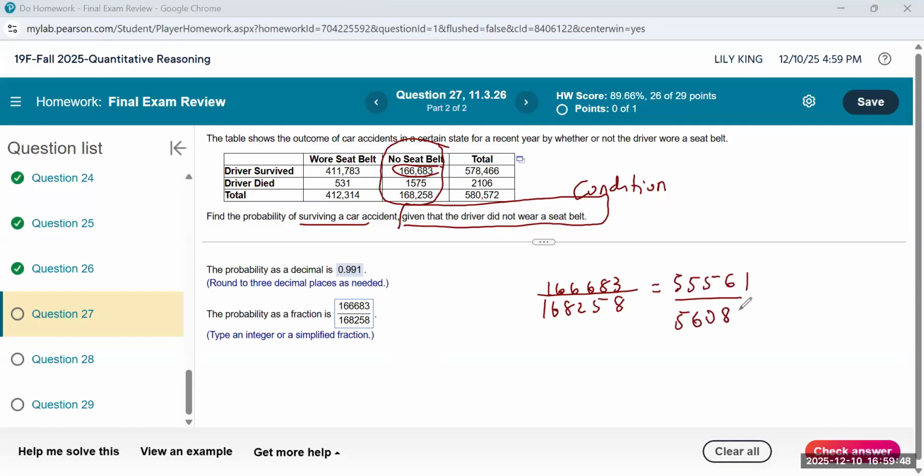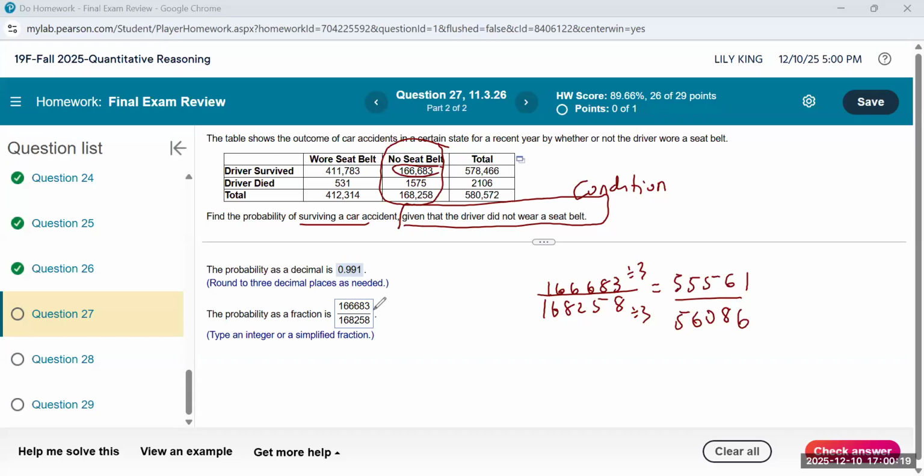Divide the top part and the bottom part by 3. All right, let's see if we can reduce this further. Right, we can't divide it anymore.